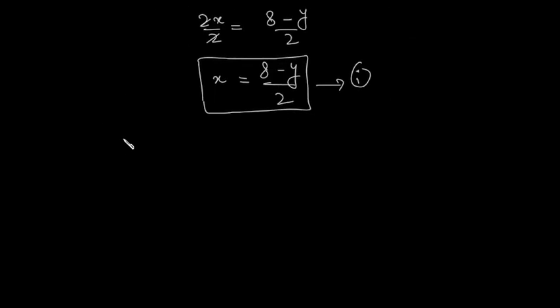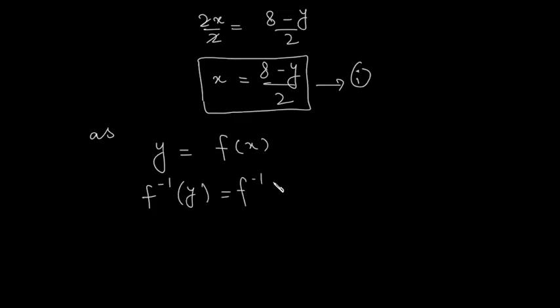Okay, here as we know, y is f of x, and now taking inverse on both sides, taking f inverse on both sides. So here f inverse y is equals to f inverse of f of x.